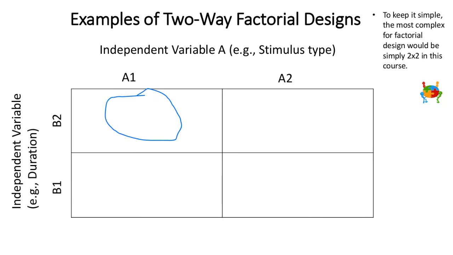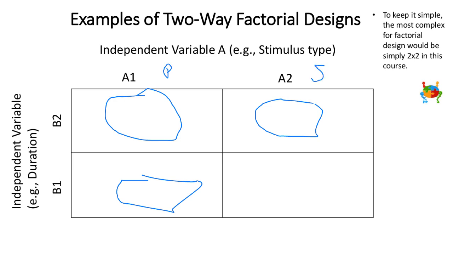And what you have in here is your average mean for all the participants who were tested within that condition. So we could think about it, this is picture, and this is sound, and you could have 1 second, and you can have 4 seconds.